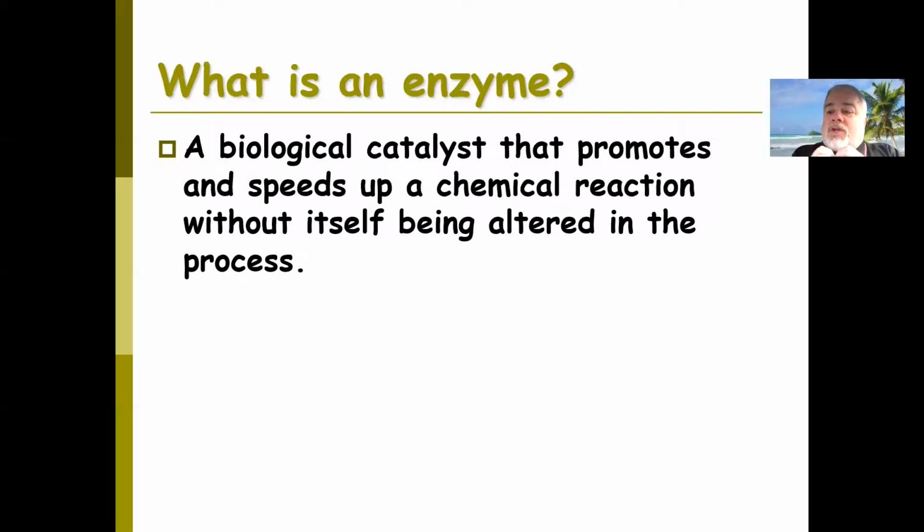Usually, we're talking about the other type, the catabolic enzymes. Catabolic breaks things apart, breaks them down. It's useful in ripening. It's useful in digestion. It's useful in many, many biological processes.